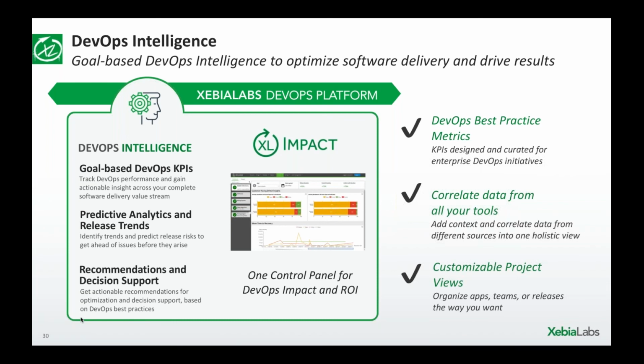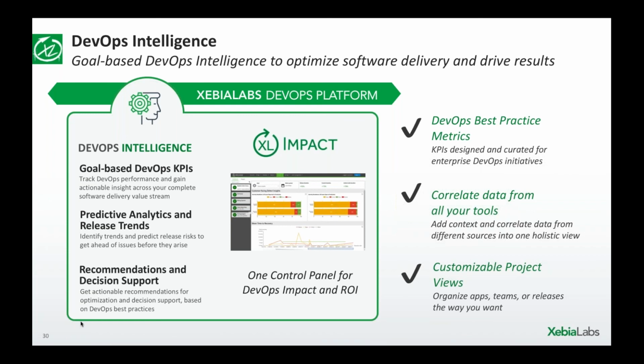So instead of pulling in data from a number of different systems and looking at individual numbers that may or may not reflect the overall impact of the system, our approach is to say, what are you trying to accomplish? What are the goals that you're trying to achieve with your process? This could be improving quality or reducing cycle time.